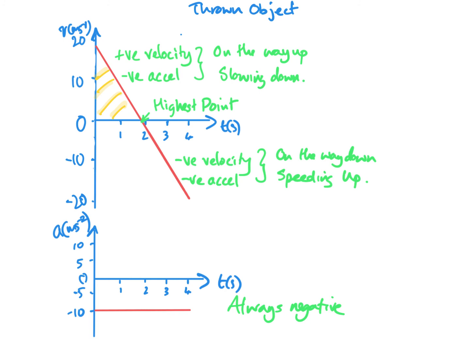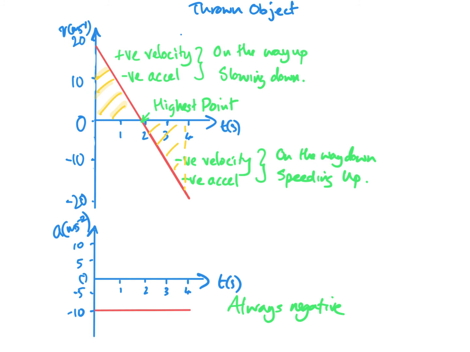But then the area on the way down is defined as the area between the line and the axis. So it would be that area there. Because that is below the axis, that would be considered a negative area. So the displacement on the way back down would be minus 10 roughly as well.